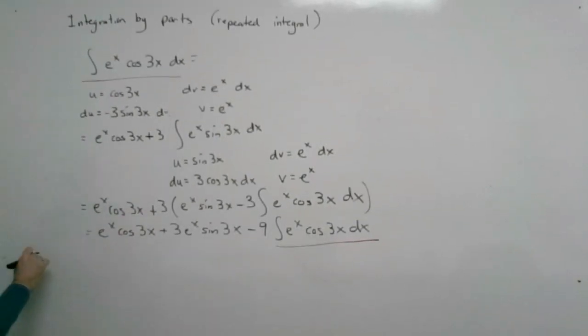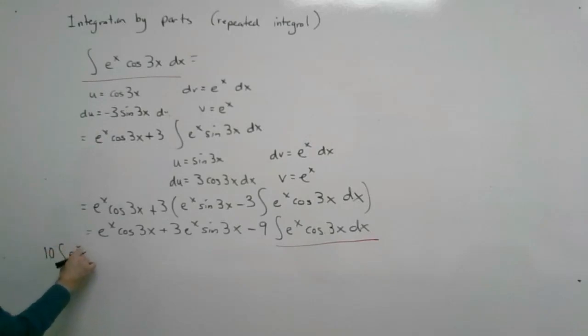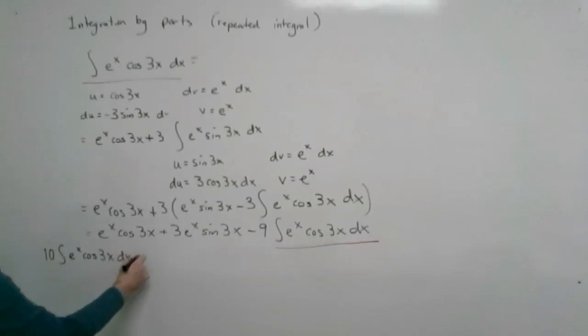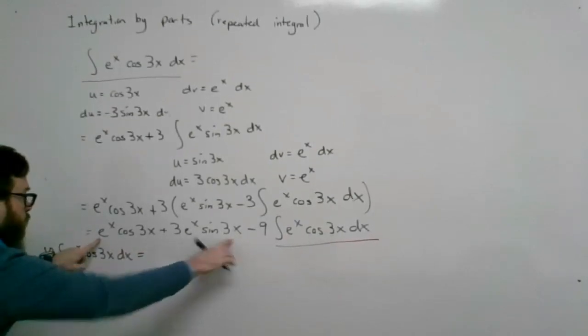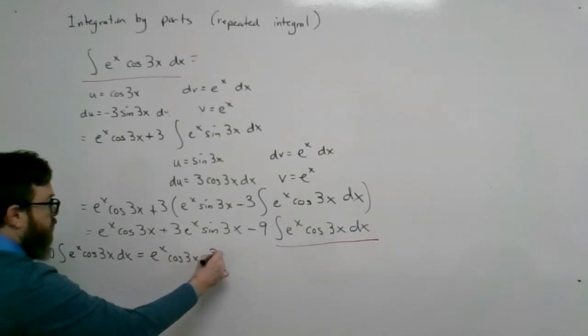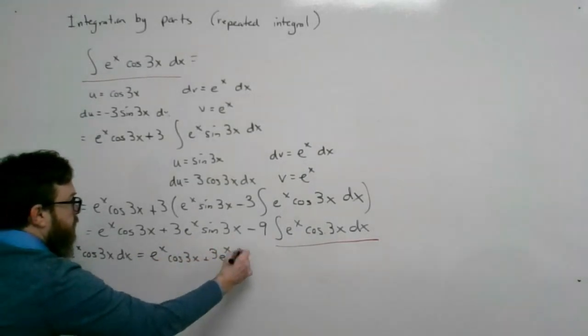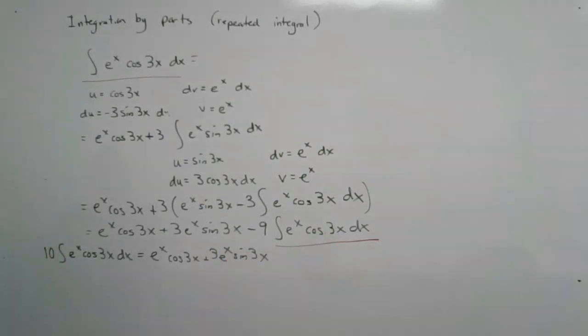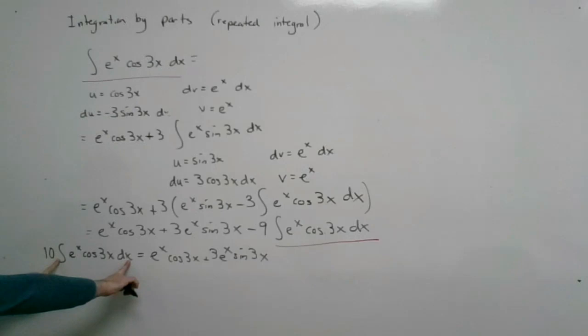And so adding that over, I'm going to have 10 times the integral of e to the x cosine of 3x dx is equal to what's left over here, which is e to the x cosine 3x plus 3e to the x sine 3x. Now, my job is to evaluate this particular integral, the integral of e to the x cosine 3x.